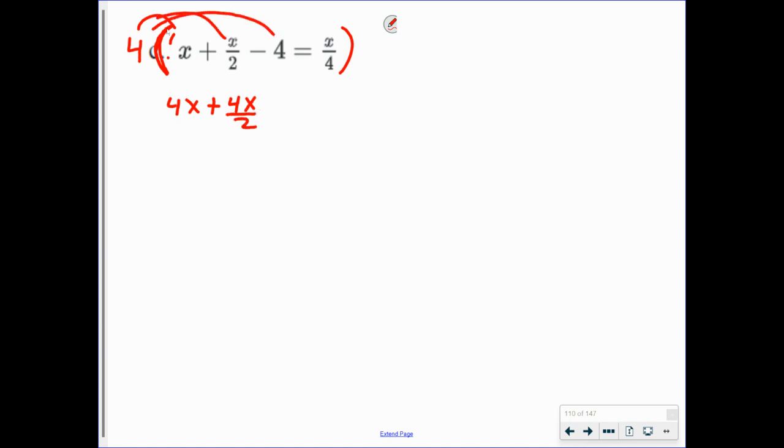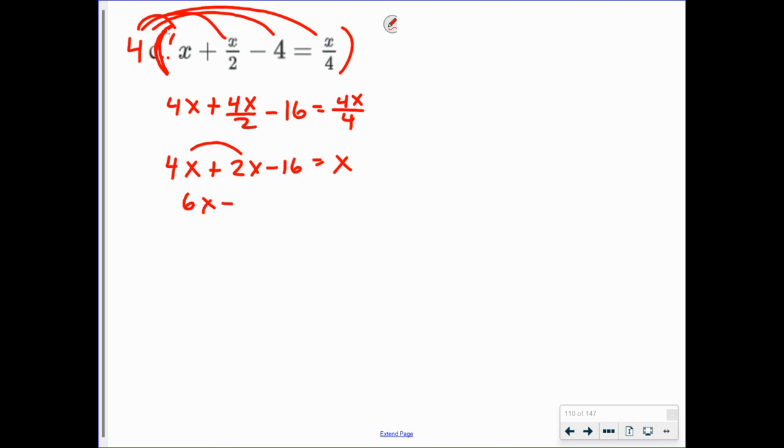And then minus 4 times 4, which is 16, equals, and again, 4x divided by 4. Then I can simplify. So 4x divided by 2 would be 2x minus 16, and 4x divided by 4 would be x. Then I combine like terms. 6x minus 16 equals x.